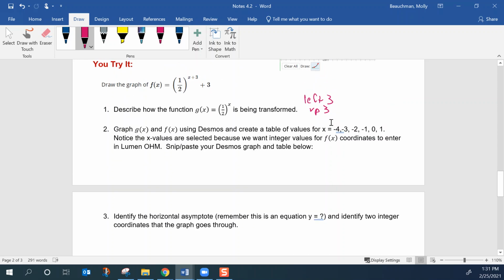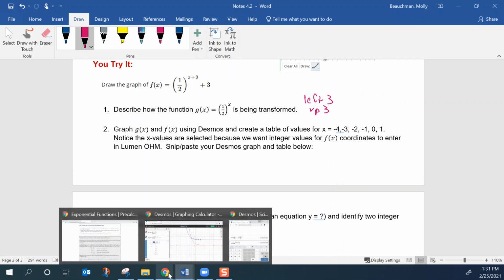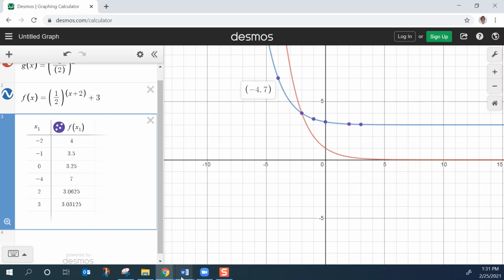After you take a look, let's put in a few more points and see if we can find an integer point. I need to go maybe -4. I'll put it down here. So I'm not going to get any integer points. -4, there we go. -4, 7. There's my other integer point.